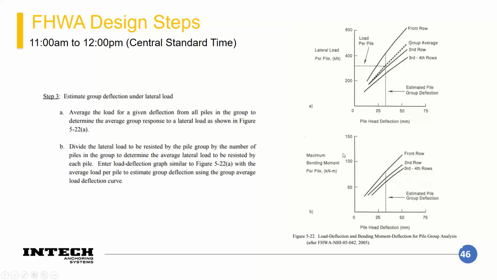For a group of piles, whenever you've got interaction between the piles, you need to look at an average across the entire group, and that's what this slide is demonstrating. I'm speeding up here because I realize I'm running short on time. But you're basically averaging, because your deflection may be different since those are going to interact together if the piles are spaced too closely.